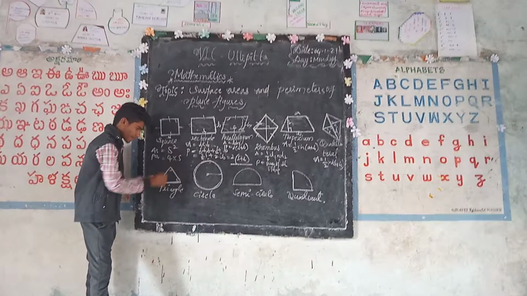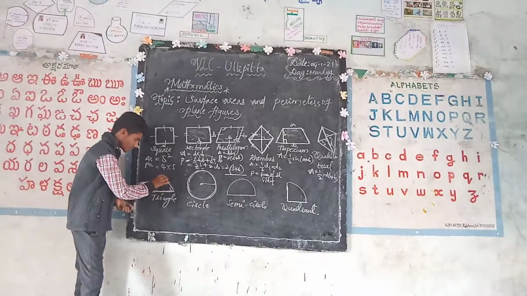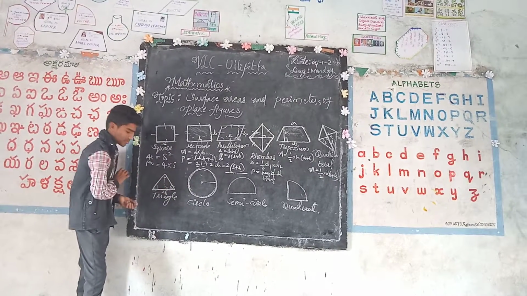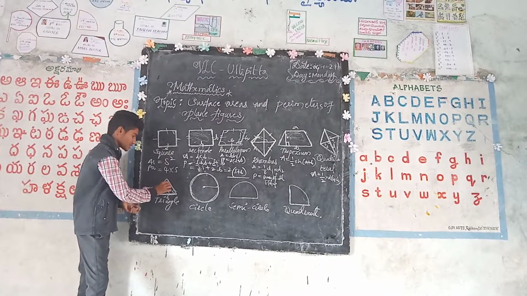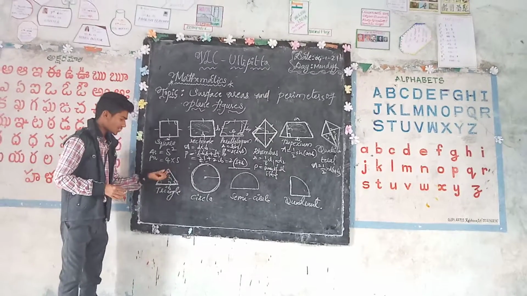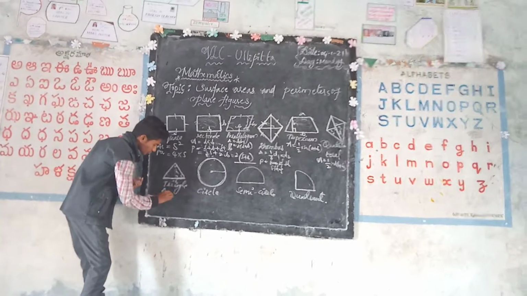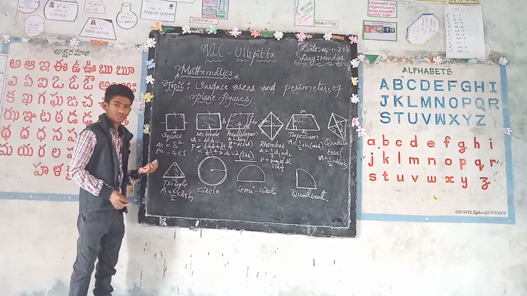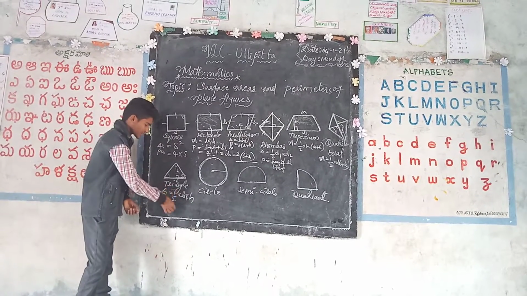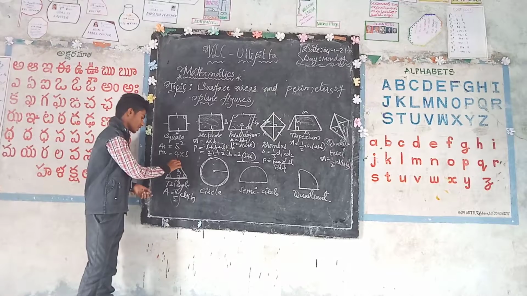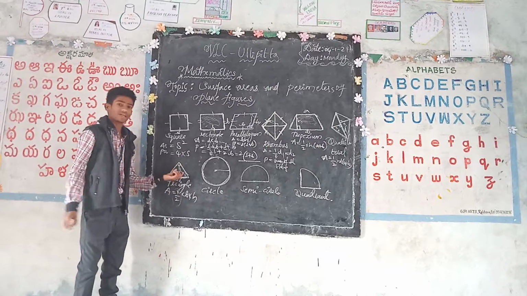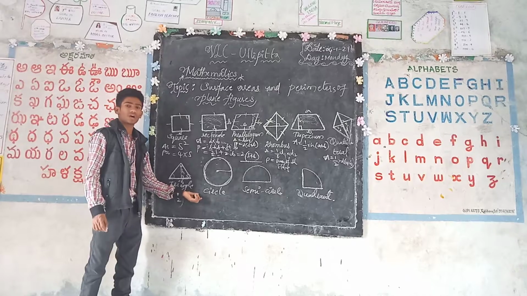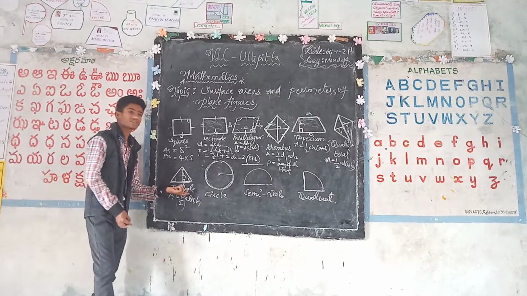From the upper vertex, if we draw a perpendicular line on the base, it is the height. So area of the triangle is equal to half into base into height. How do we get half? A perpendicular line divides one triangle into two parts. That's why it is half into base into height. Like that we can get the area of the triangle.